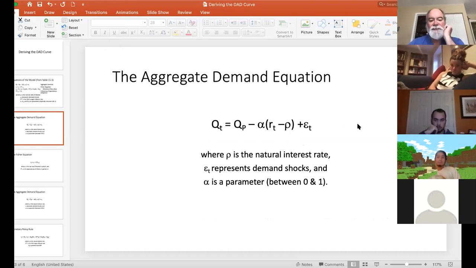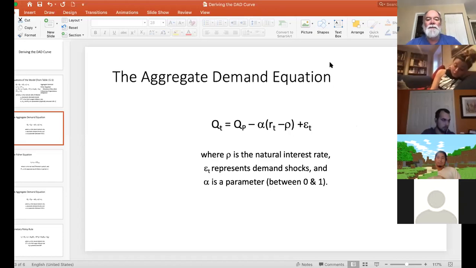What this says is actual GDP, that's Q sub T, is potential GDP minus alpha times the difference between R sub T and rho. Alpha is just a parameter, a fraction between 0 and 1. Okay, R is the real interest rate in period T, and rho is the natural interest rate.